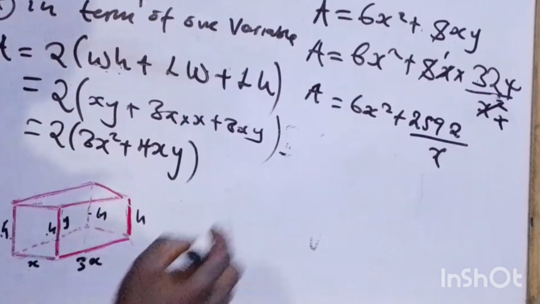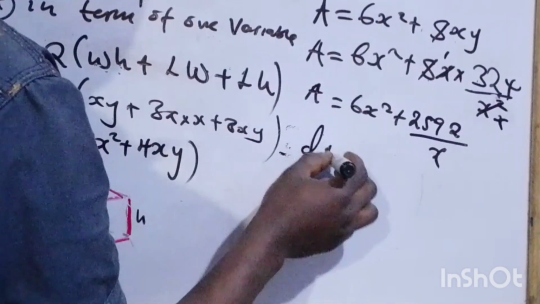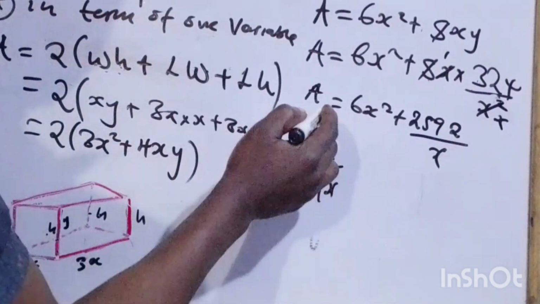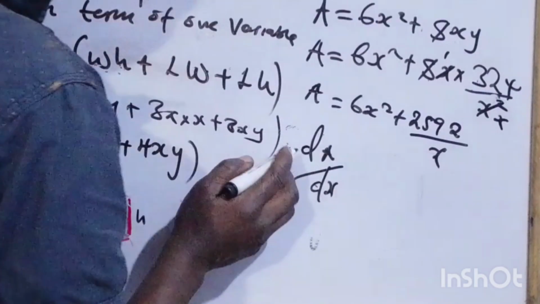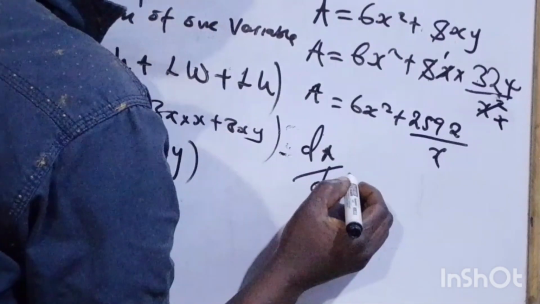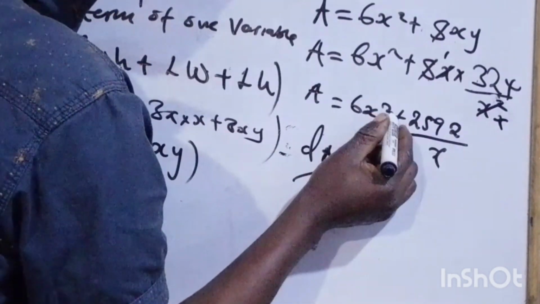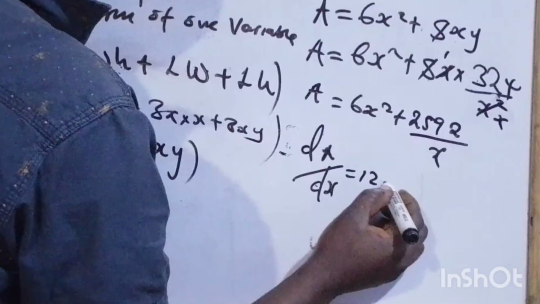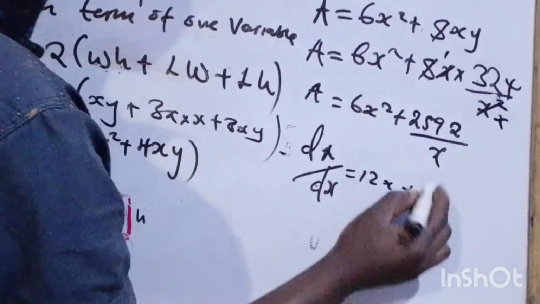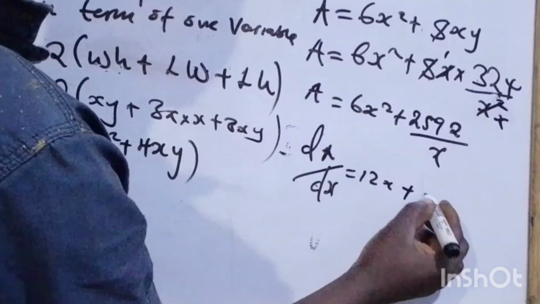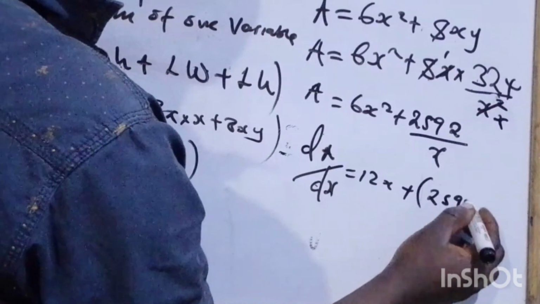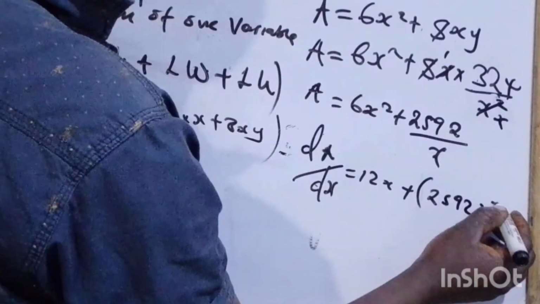So in which we are going to say dA over dx. If you differentiate this equation, dA with respect to x, you are going to have 2 times 6, which is 12, then from 2 you subtract 1, you are going to have x, and plus here, remember that we have 2592 x minus 1.